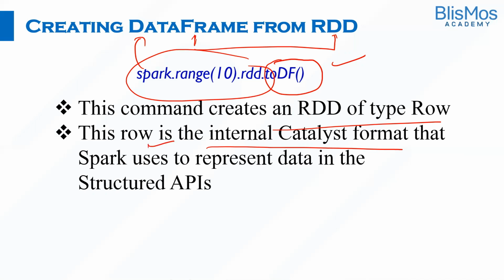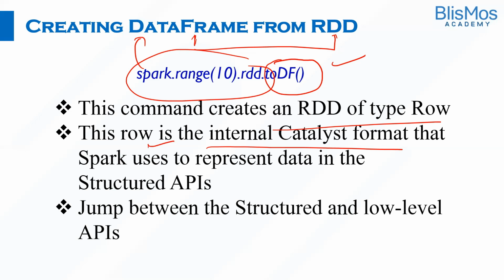Remember, we have discussed the Catalyst engine during our earlier classes in the structured API execution. The same Catalyst engine has a format. Whenever you create a data frame by using toDF from an RDD, that creates an RDD of type Row. That Row is in the internal Catalyst format.